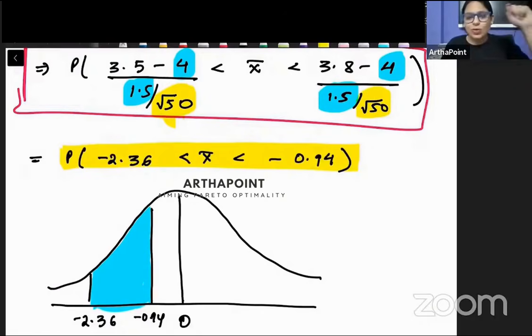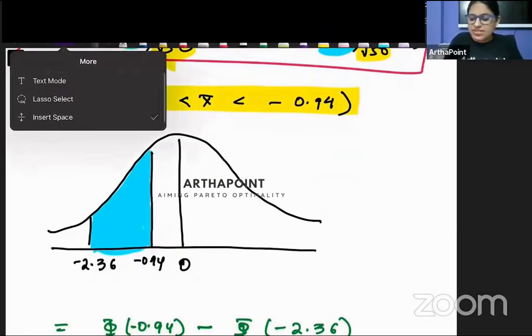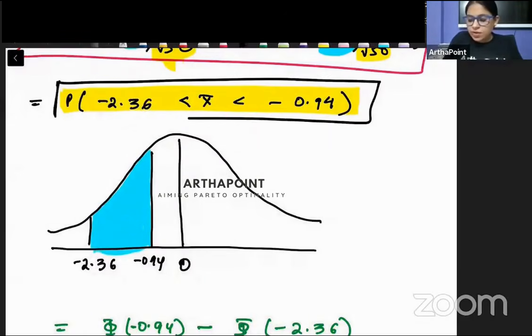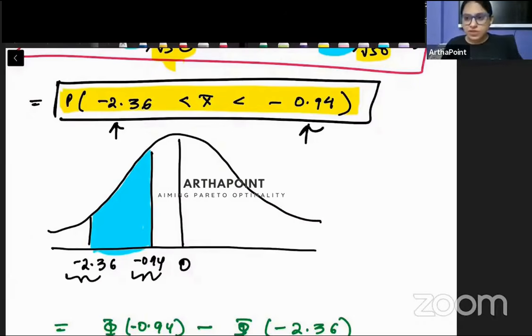But we know this is normally distributed. So I can get the values from the normal table. I can always go back to the table and get the values. We have already studied how to read a Z table, isn't it? So if I just look here, beta, हमने CDF, PDF पढ़ा है. अब यहाँ पे देखो, if I want to shade this region, so this is minus 2.36, I have written it here. And this is minus 0.94, I have written it here.